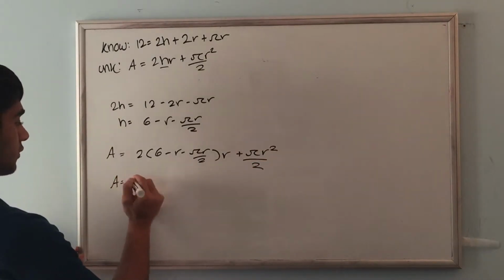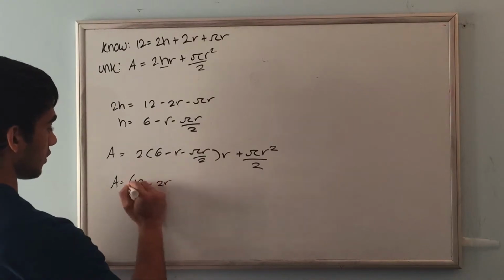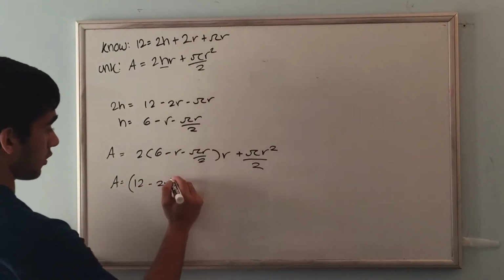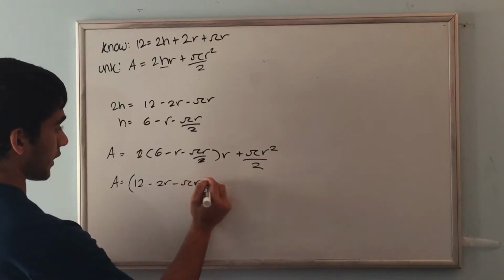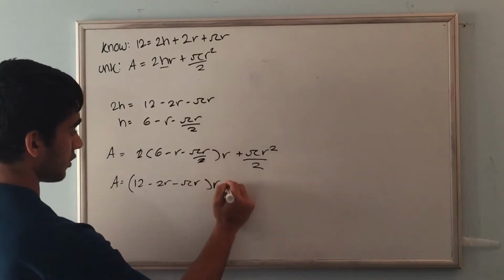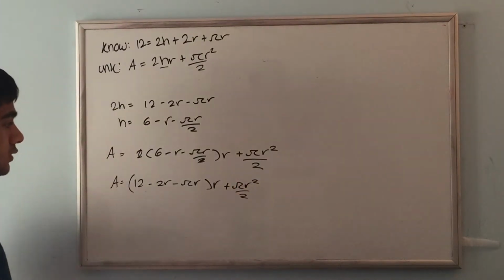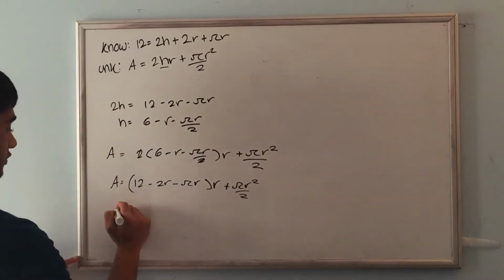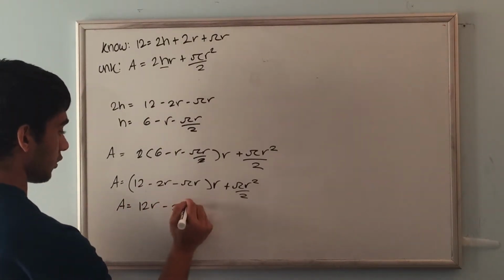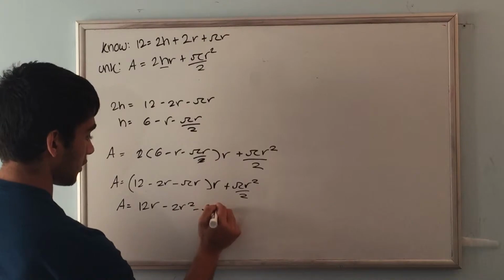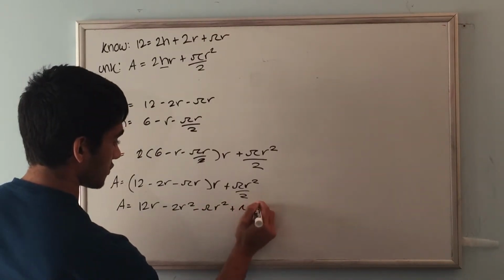So the area equals 12 minus 2r minus, these two cancel out, so pi r times r, plus pi r squared over 2. Right, and then we're going to bring in the r, so the area equals 12r minus 2r squared minus pi r squared plus pi r squared over 2.